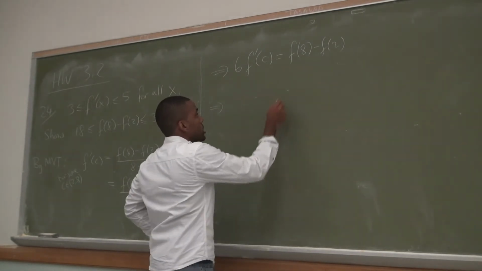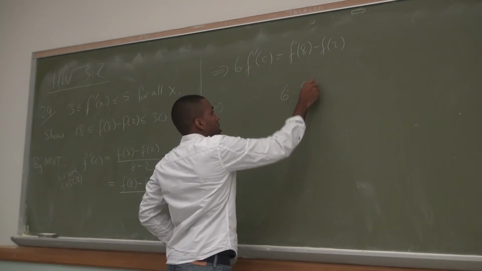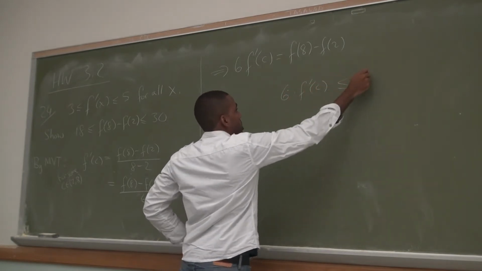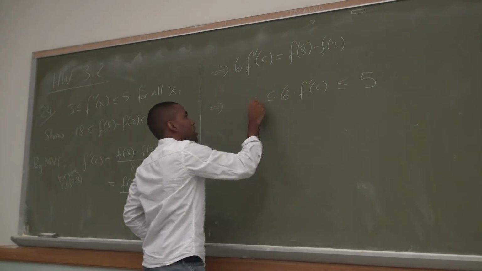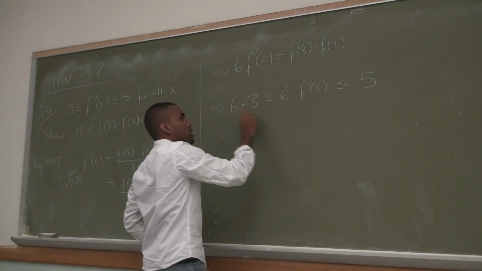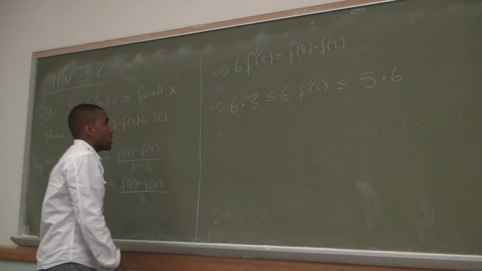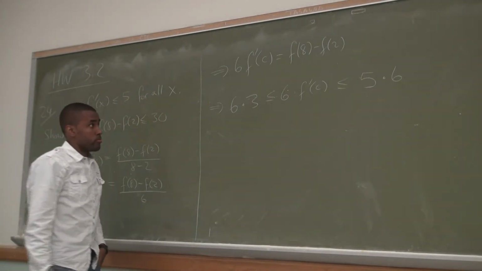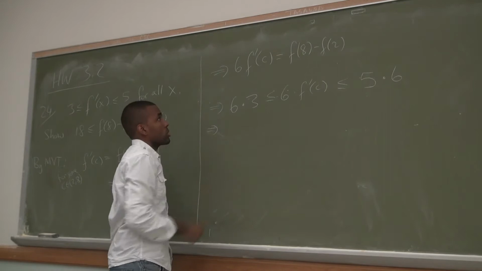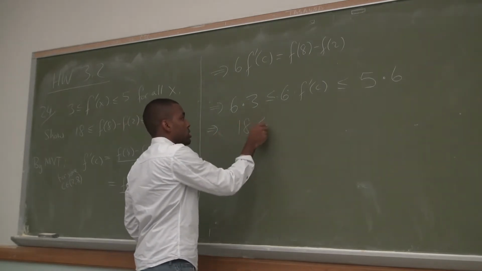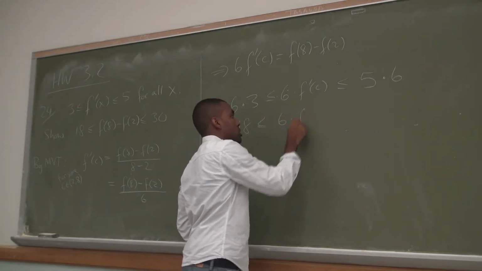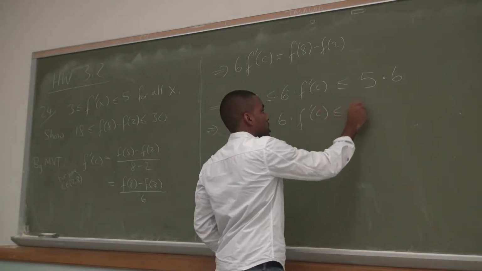So this means 6 F prime of C is between 3 and 5 times 6. Right? By that rule. And so 18 is less than 6 F prime of C, which is less than 30.